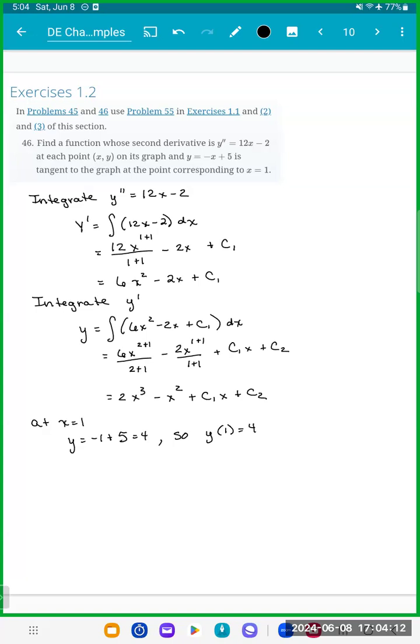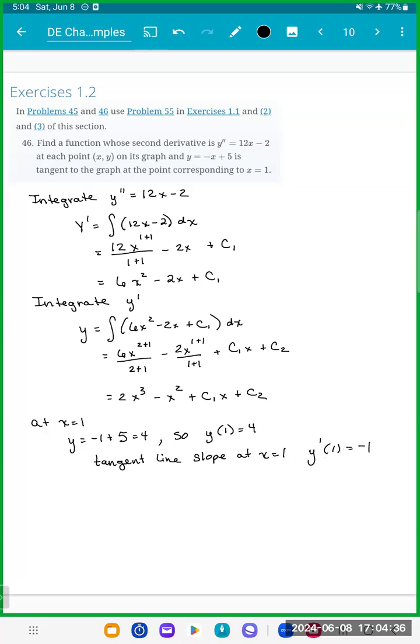So the tangent line slope at x equal to 1 is going to be that y prime of 1 equal to -1.